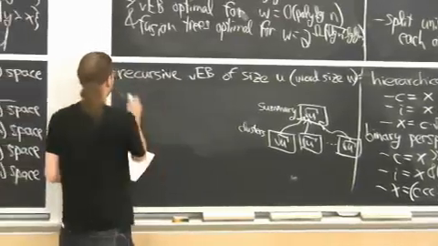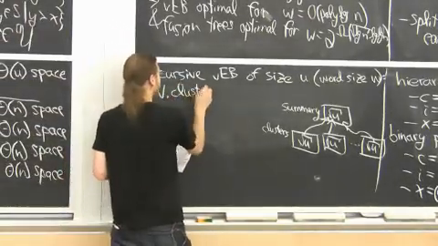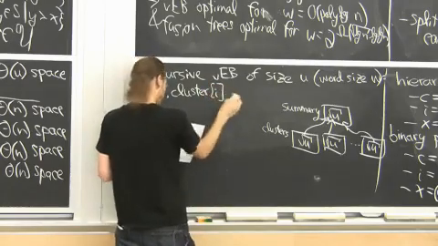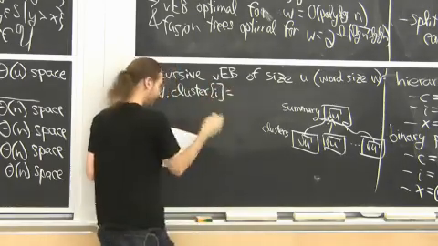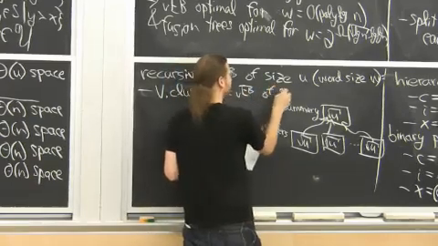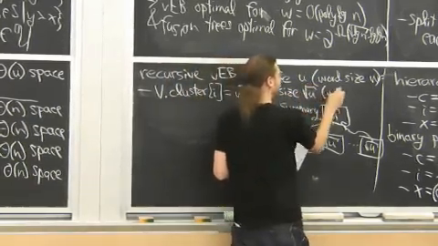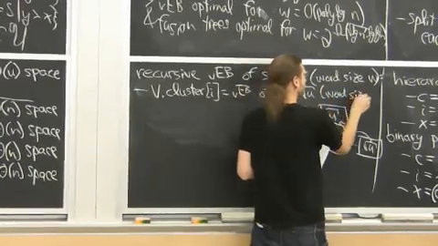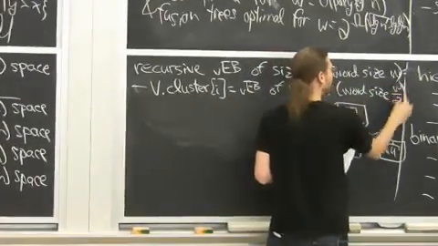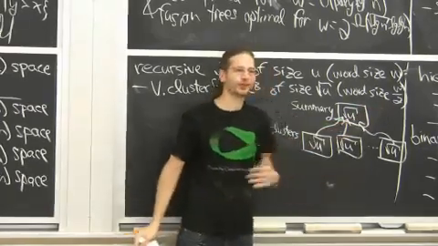All right, so formally, or some notation, cluster I, so we're going to have an array of clusters, is a van Emde Boas thing of size square root u, and word size w over 2. This is slightly weird because the machine, of course, its word size remains w.